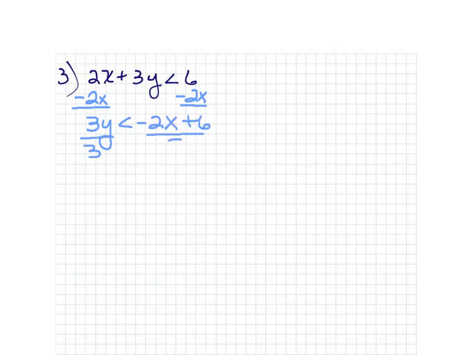Divide everybody by positive 3, because I'm dividing by a positive, I don't worry about flipping the inequality. So y is less than negative 2/3 x plus 2. So my slope in this case is negative 2/3. And again, my y-intercept is positive 2. All right?